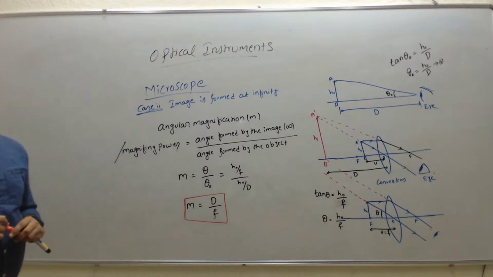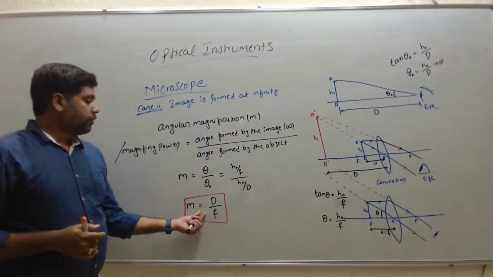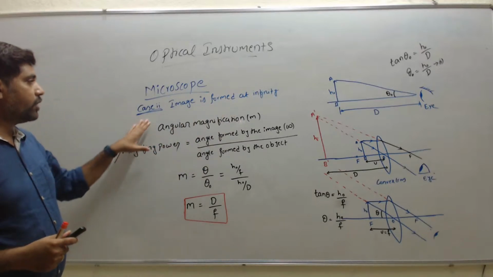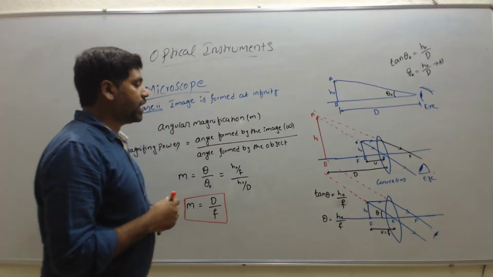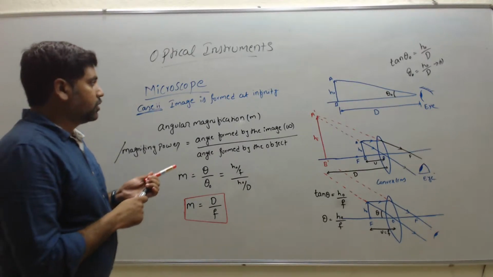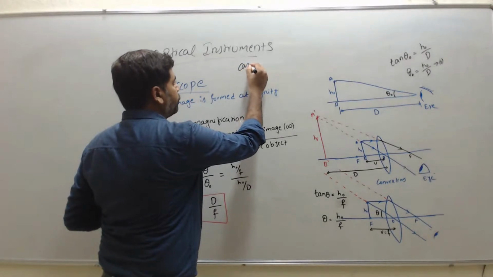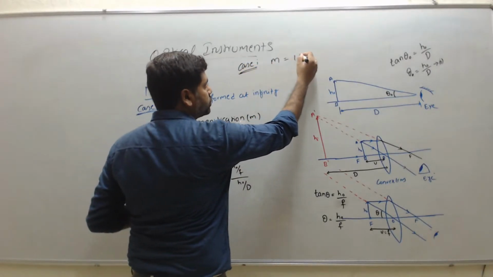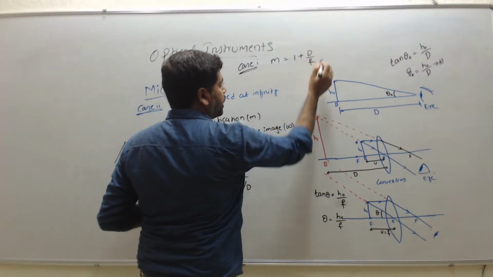So this is the angular magnification when the image is formed at infinity. If the image is at near point, we have magnification m equals 1 plus d by f. So in the first case, the magnification m is equal to 1 plus d by f.